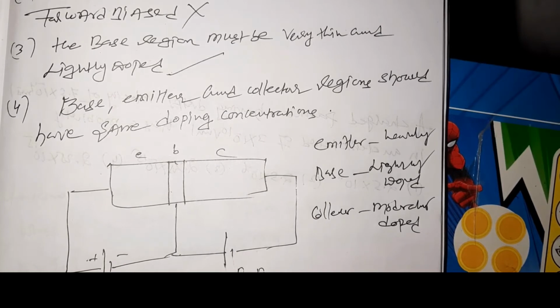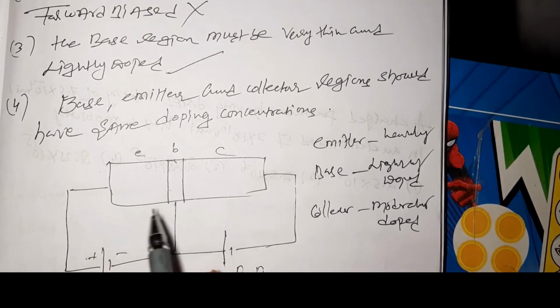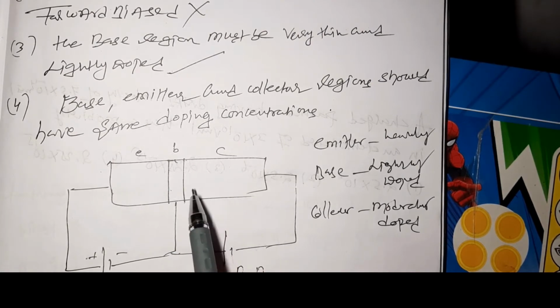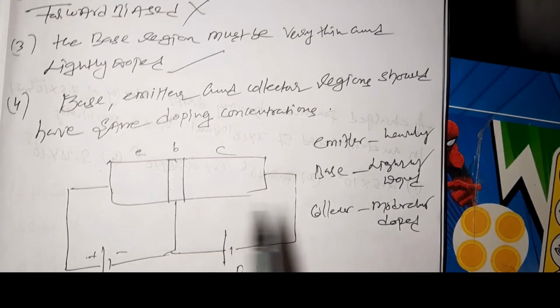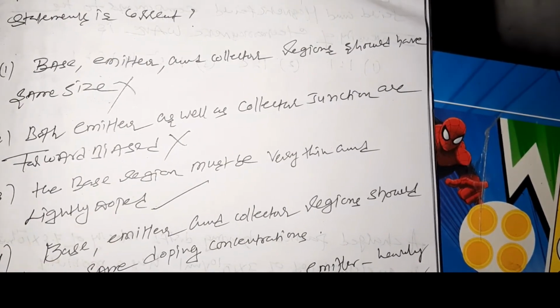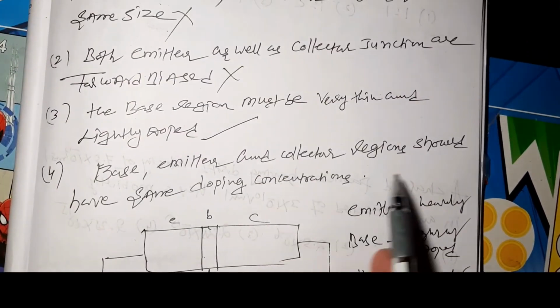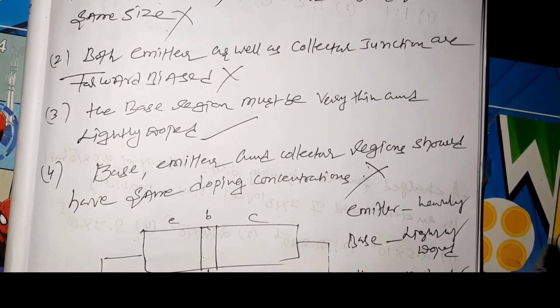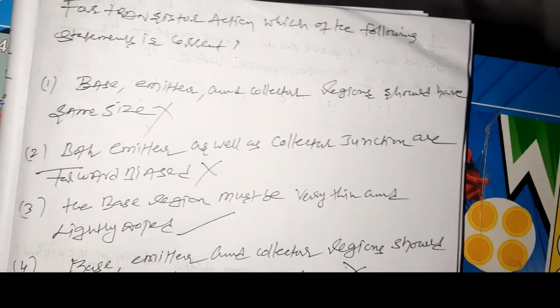And collector is large in size, emitter has moderate size, base is lightly doped and thin in size. Okay, this option is correct. 4th one, base, emitter and collector regions should have same doping concentrations. This is wrong. So our option is the 3rd option.